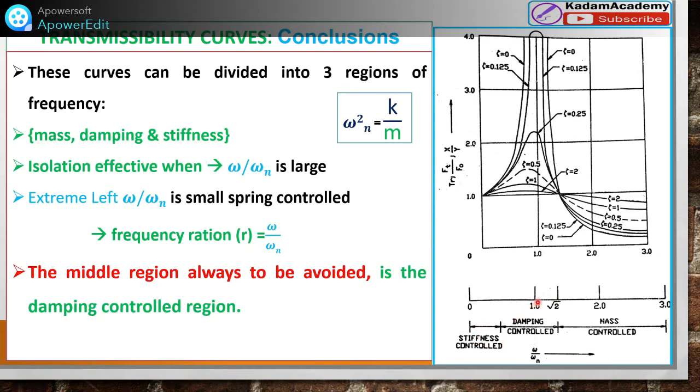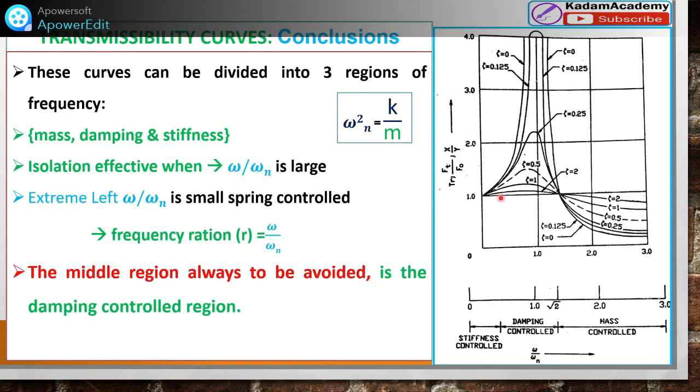Damping in this region deteriorates the performance of the system. In this spring control region, a larger stiffness gives a high value of natural frequency, and consequently a low value of frequency ratio. Here the frequency ratio is low, and this is spring control.